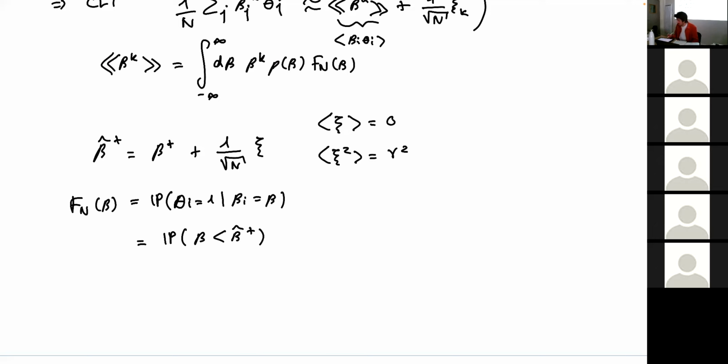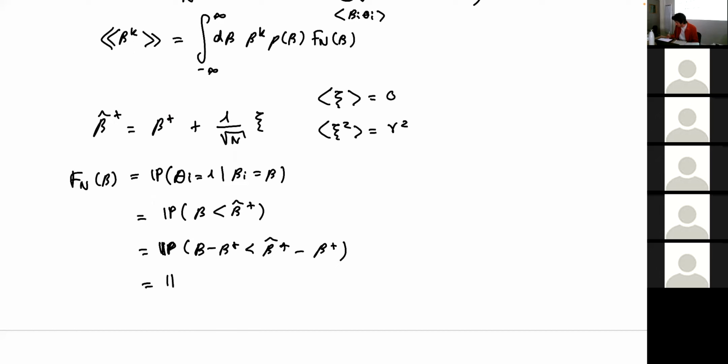And if you remove beta plus on both sides here, you have beta minus beta plus smaller than beta tilde plus minus beta plus, and we've just shown that this is basically Gaussian noise.